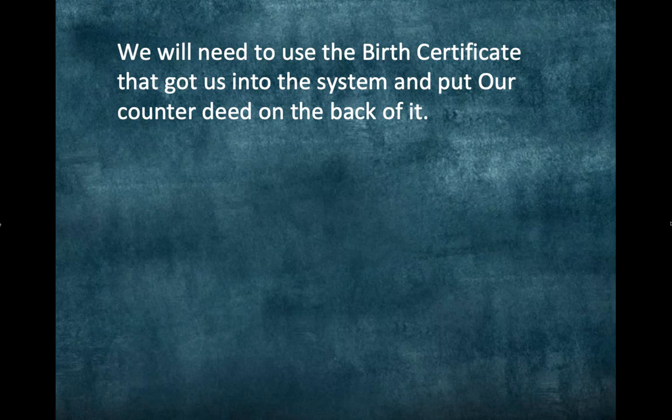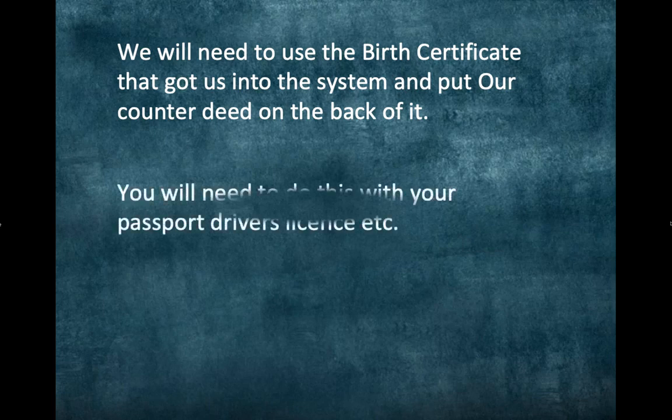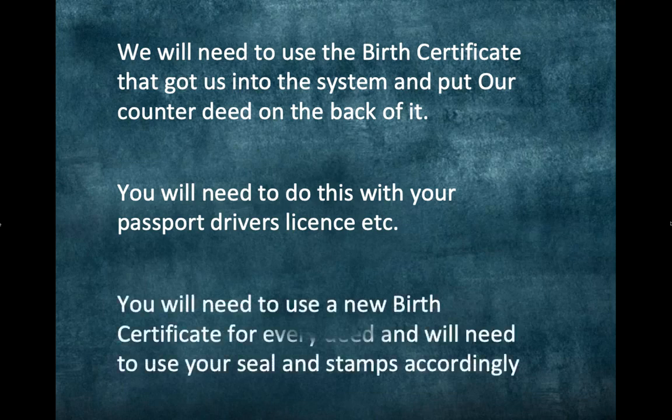You will need to use the birth certificate that got us into the system and put our counter deed on the back of it. So you'll need a brand new birth certificate for each time you go in and put a counter deed on the back of it. You will need to do this with your passport, your driver's license, bank accounts, etc., etc. You will need to use a new birth certificate for every deed, and will need to use your seal and stamps accordingly.